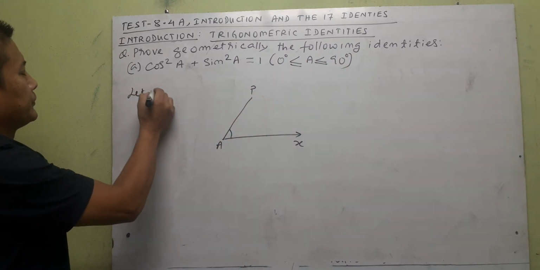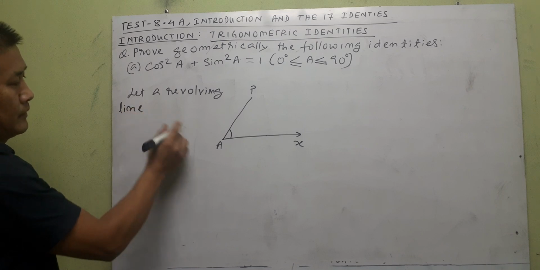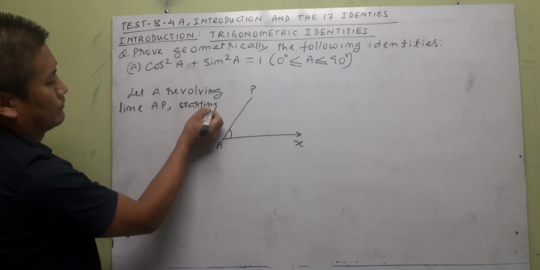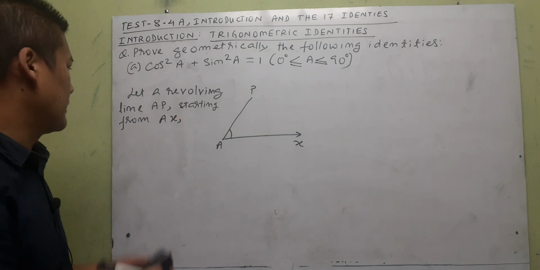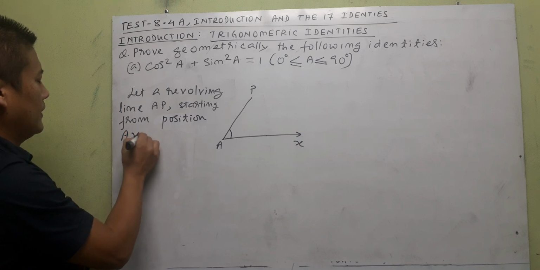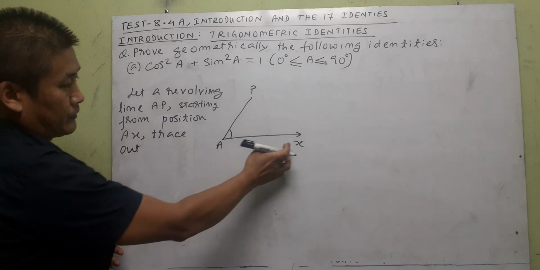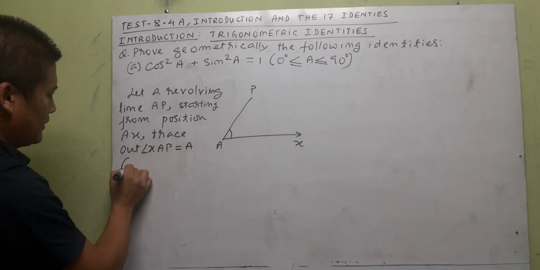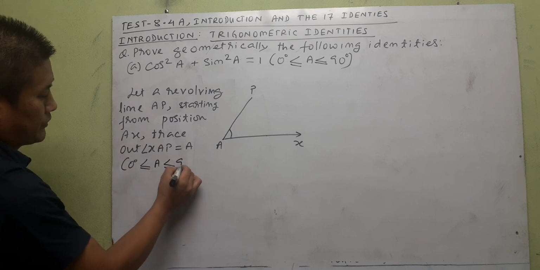So let us write down, let a revolving line, as we have taken here, AP, starting from position AX, trace out this angle XAP, angle XAP equal to A, such that this condition is maintained, 0 degree less than or equal to A less than or equal to 90 degree.